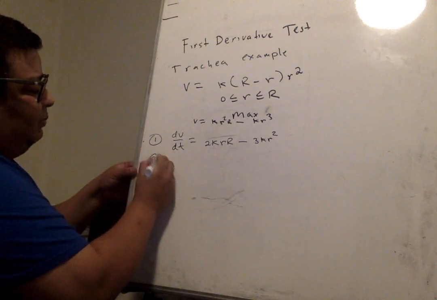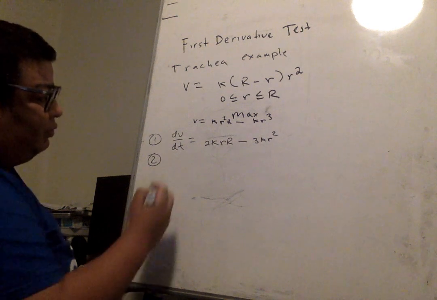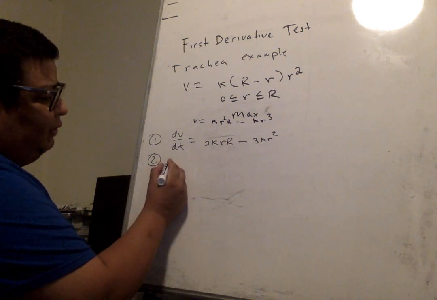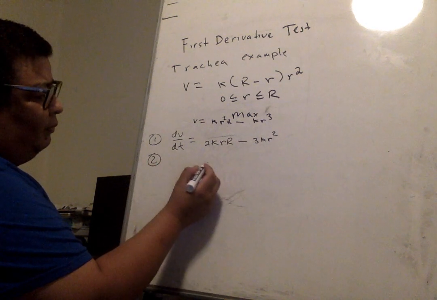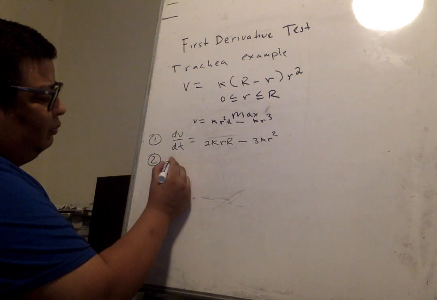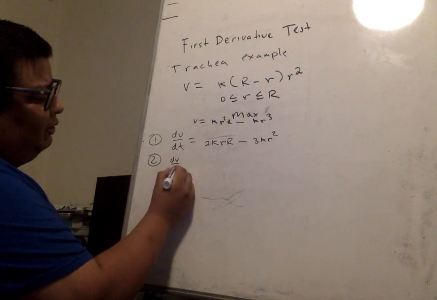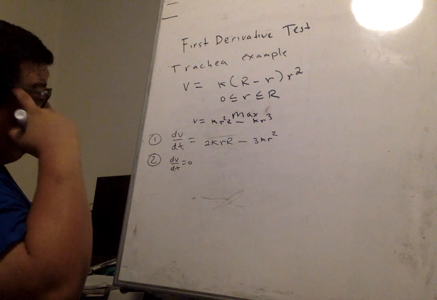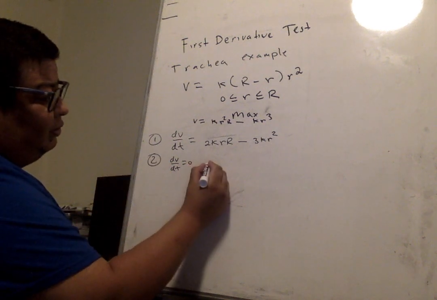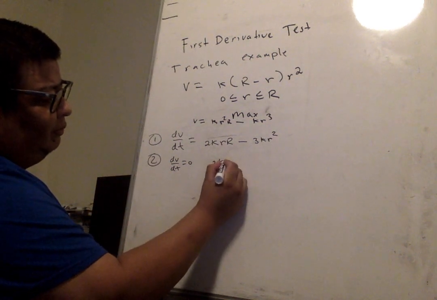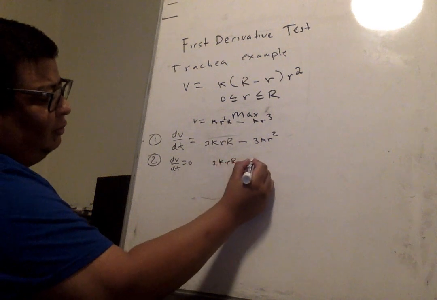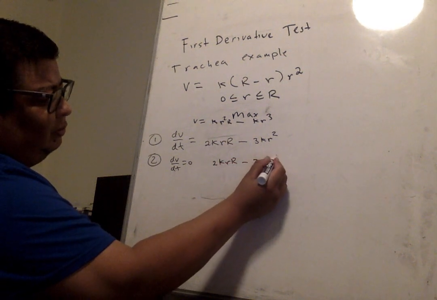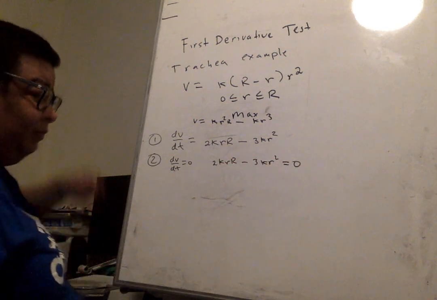The second step is to set it equal to 0. So we set dv/dt equals 0. So that means that 2k r minus 3k r squared equals 0.